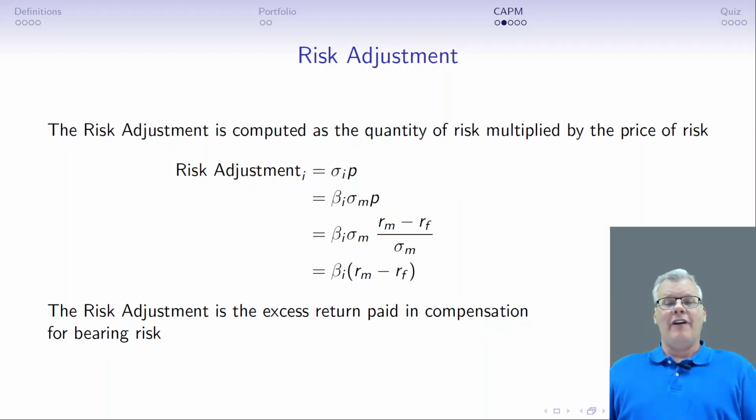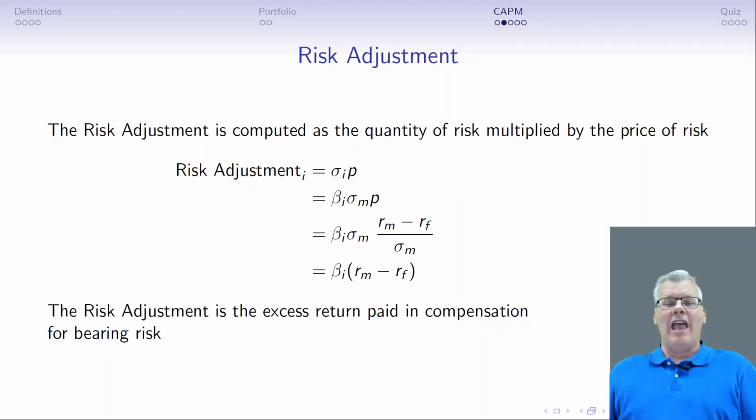So if I own security I, and security I has risk sigma sub I, and P represents the price of risk that we developed 3 or 4 slides back, the risk adjustment, the excess compensation that I have to be paid for bearing that risk, would quite naturally be how much risk do I bear multiplied by the price of risk.